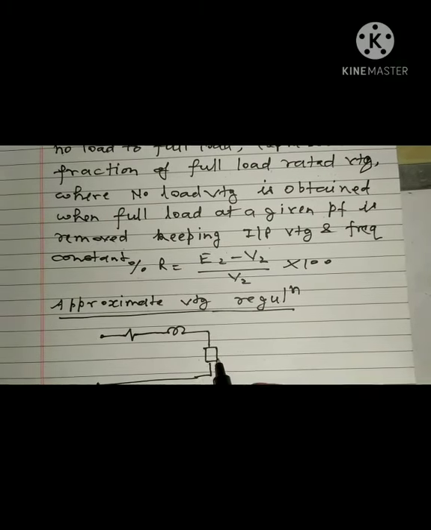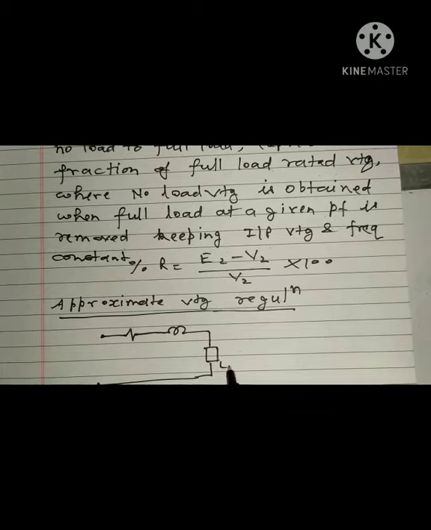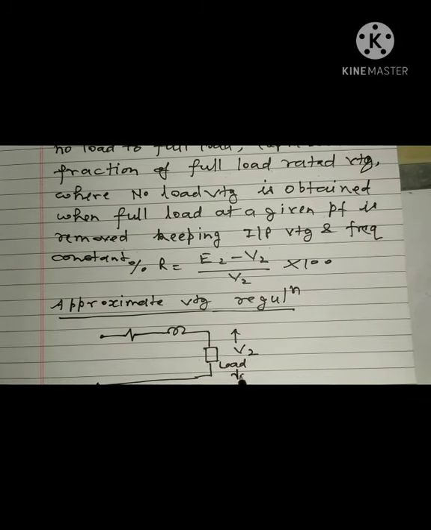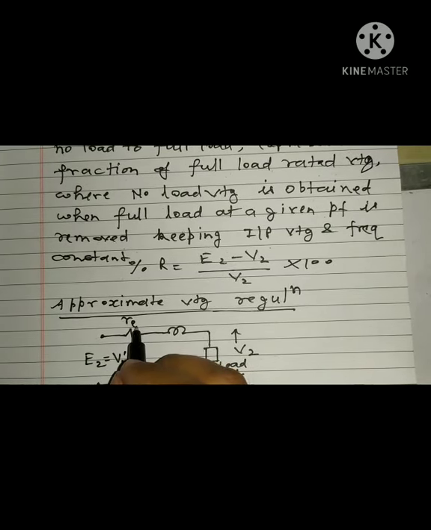This is load, and voltage across this is say V2. This voltage is secondary induced EMF V2, which will also be written as V1 dash, say. This is RE2.